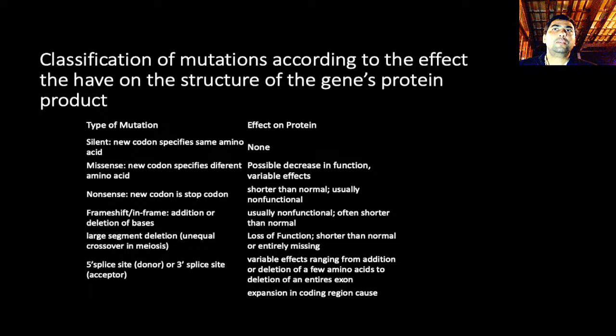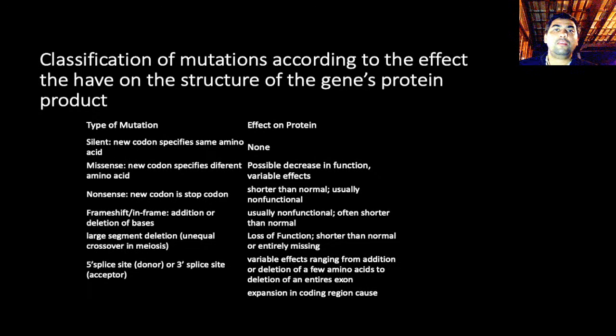One classification of mutation is according to the effect that the mutation has on the structure of the gene's protein product. The first we will talk about is silent mutation, where the new codon specifies the same amino acid.